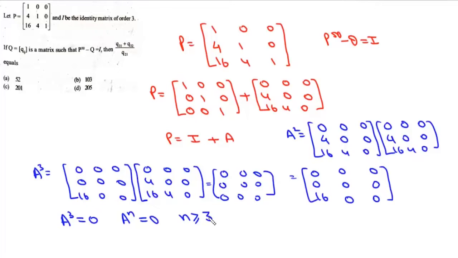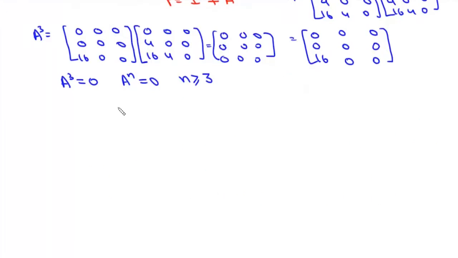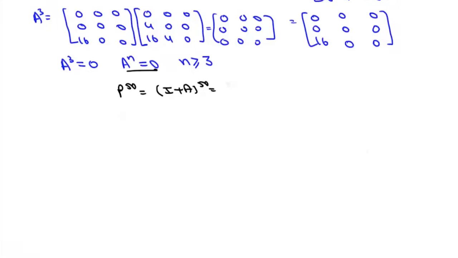Now we need to find P to the power 50. Now we write P to the power 50 as I plus A to the power 50. Now I plus A to the power 50 is 50C0 into I plus 50C1 into A plus 50C2 into A square, and all other higher powers of A will be null matrices.